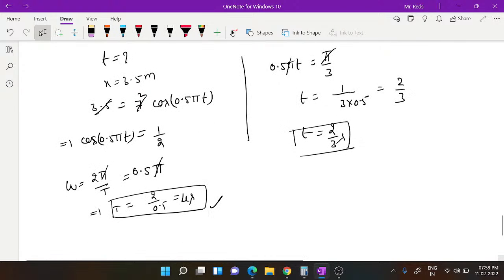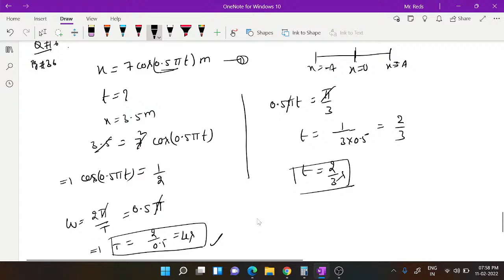Now the question is, in 4 seconds, starting from mean position, it goes to the extreme position, comes back, goes to the other extreme, then comes back here. It takes 4 seconds, so that means it takes 1 second for each quarter: 1, 2, 3, 4. But to be at 3.5 meter, how much time is it taking?